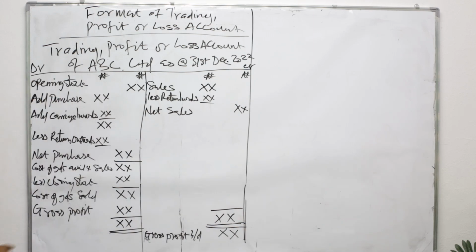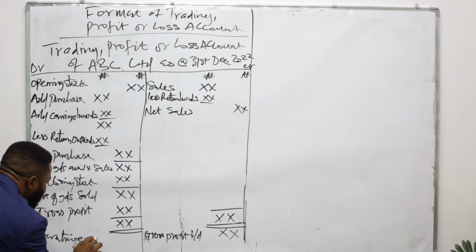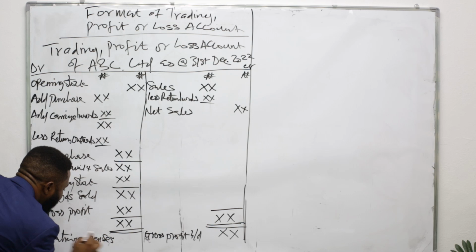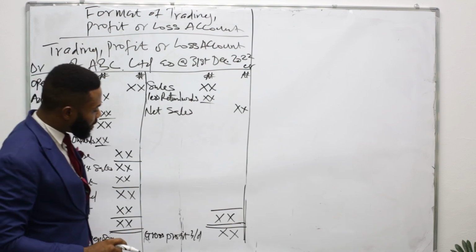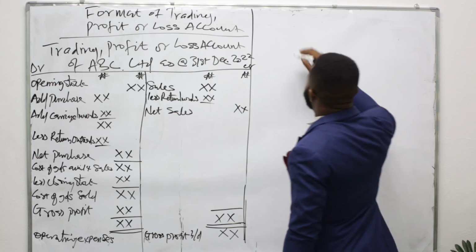And then your operating expenses comes here. Your operating expenses include all those expenses that we listed before. The likes of transportation.